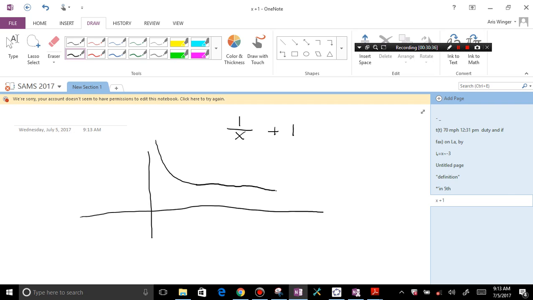And it goes down. What does it go down to? 1. So there's a what at 1? What do we call this line? A horizontal asymptote at 1. Is that okay? So this looks like it goes to 1. This is y equals 1.